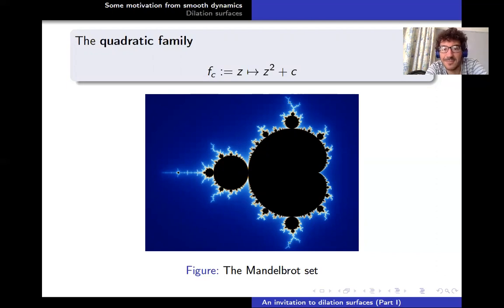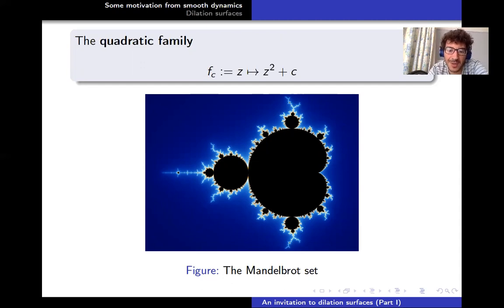And if you've seen that, people try and understand what happens if you start from any point z0 and you start iterating f_c. And depending on the initial value of c, you can see different types of behaviors. Again, I don't want to say anything precise about this, but this picture, the famous Mandelbrot set, reflects different types of dynamical behaviors when you iterate those maps.